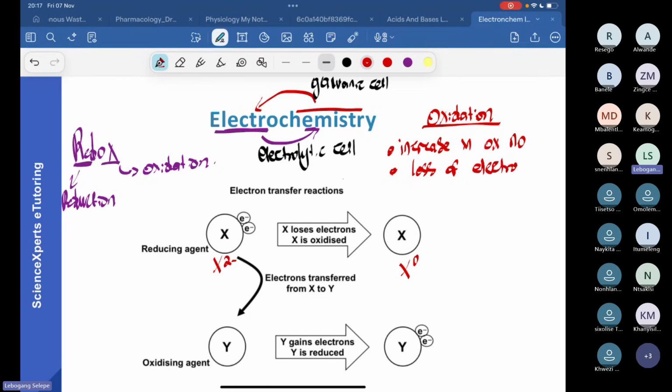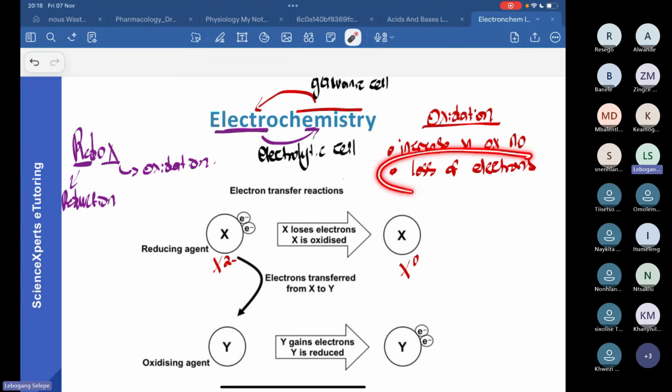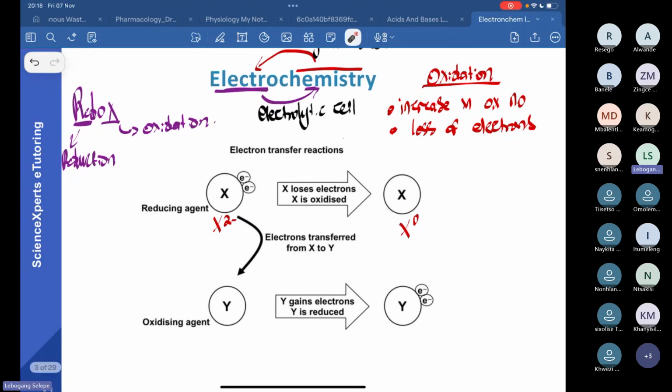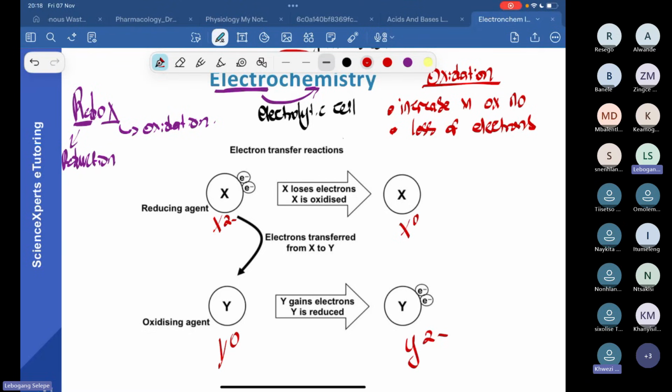The oxidation number increases because the substance loses electrons. Whereas reduction would be the complete opposite. Those electrons that are lost by X would be gained by Y. So Y's oxidation number would change from a 0 and it would become Y2 minus.